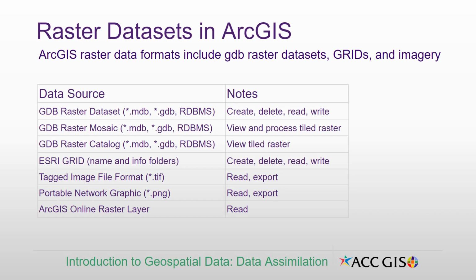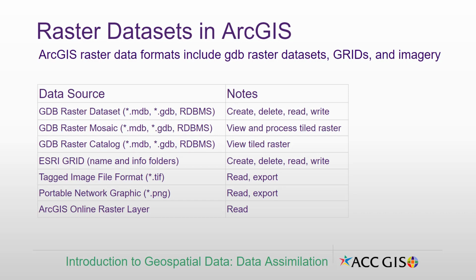A raster catalog is just an older version of a mosaic, but you can only view tiled raster data. You can't process it. An ESRI grid is an older raster format that exists outside the geodatabase, but in ArcGIS we can create, delete, read, and write, and we'll often work a lot with ESRI grids. In some ways, it's kind of like the vector version of an ESRI shapefile.